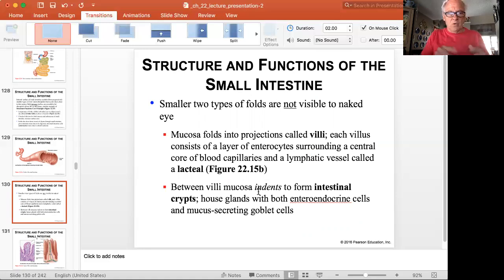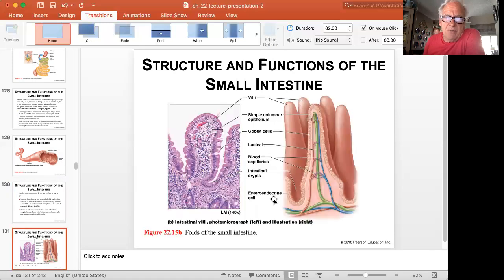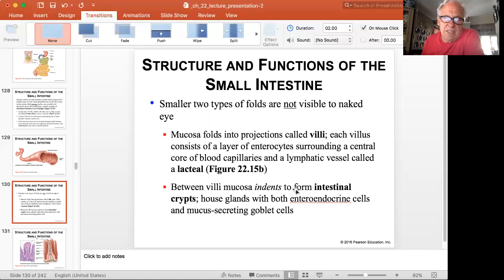The mucosa folds over to form these villi. Between the villi, the mucosa indents to form an intestinal crypt. They fold over, but they fold in. Here's your intestinal crypts, and it's going to produce the crypts of Lieberkuhn with both internal endocrine cells and mucus-secreting goblet cells.